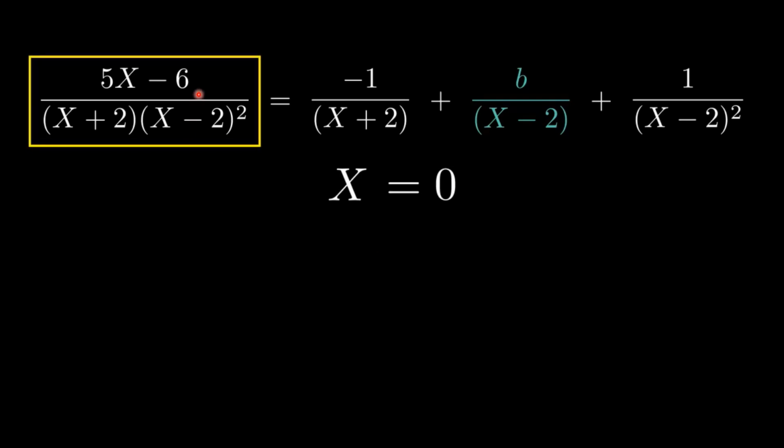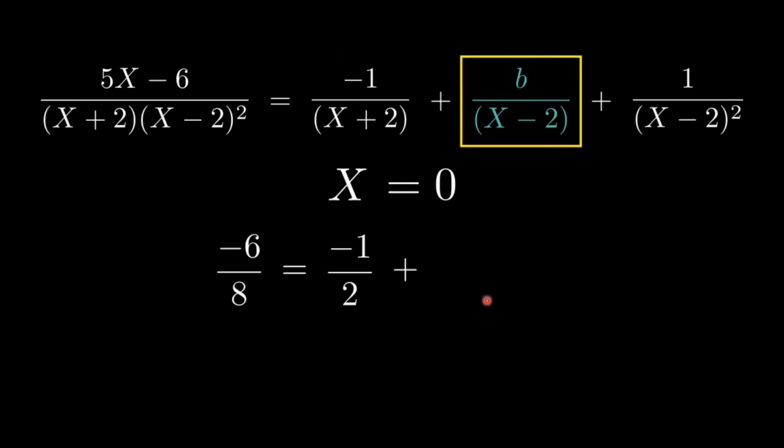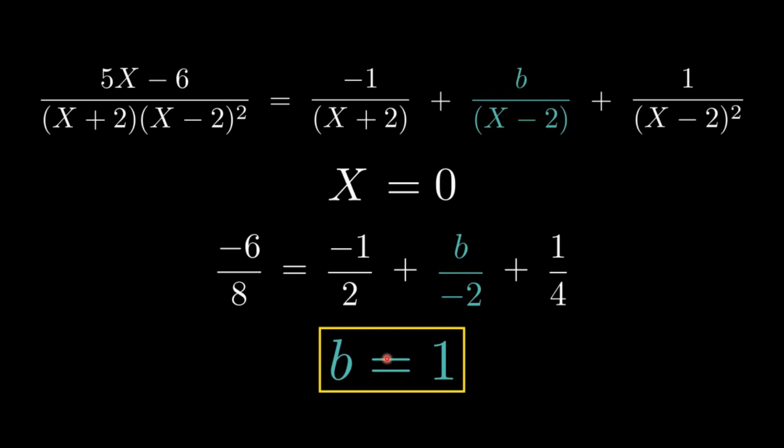When we replace x by 0, we get negative 6 over 8, which is negative 3 over 4, equal to negative 1 over 2, plus b over negative 2, plus 1 over negative 2 squared, which is 1 over 4. So this equation gives b equals 1.